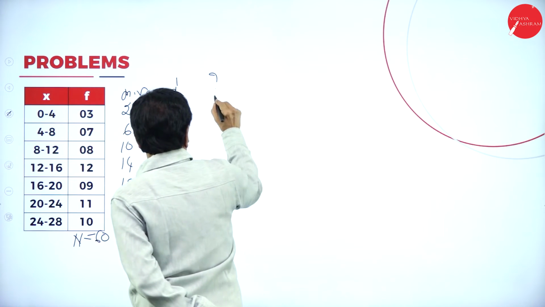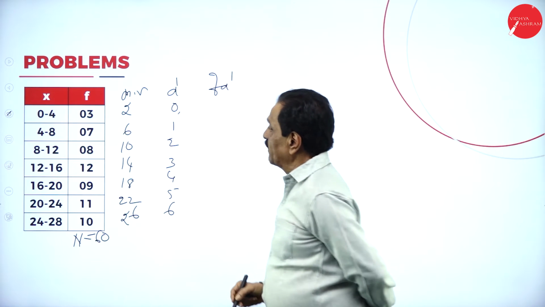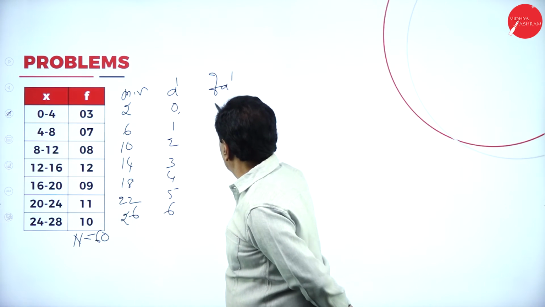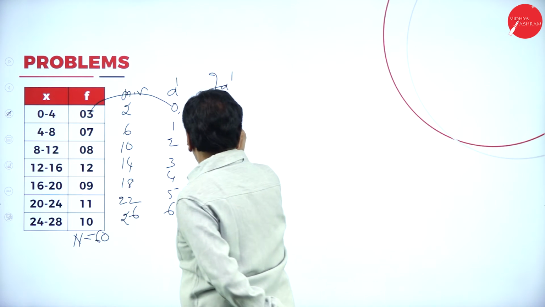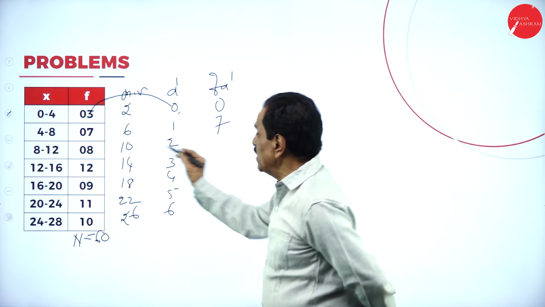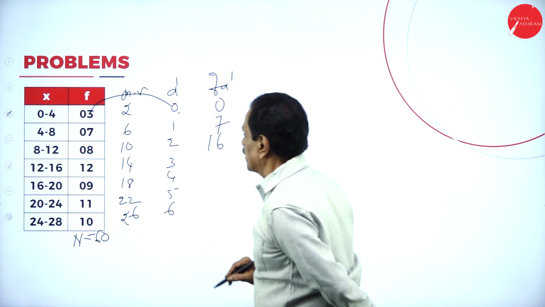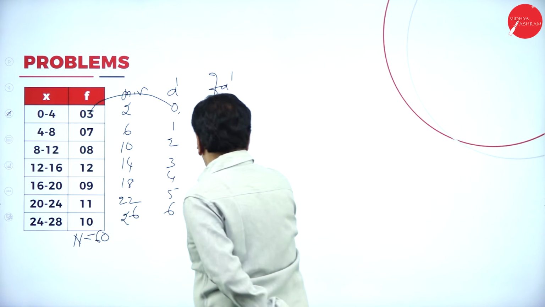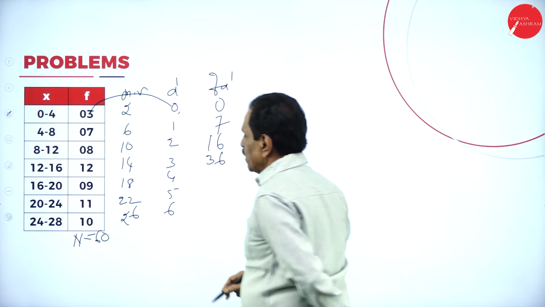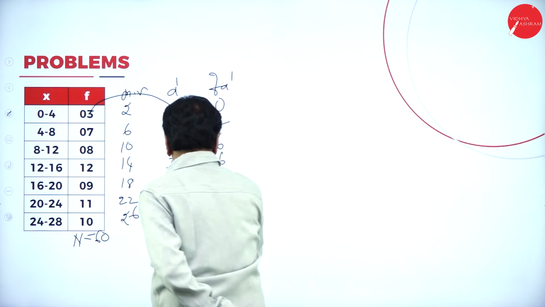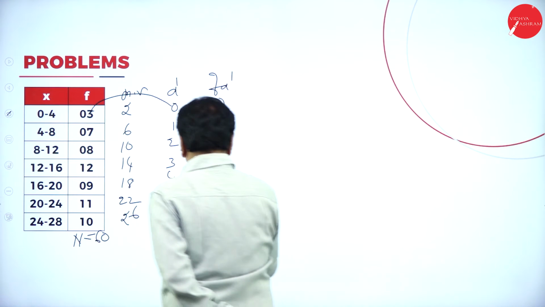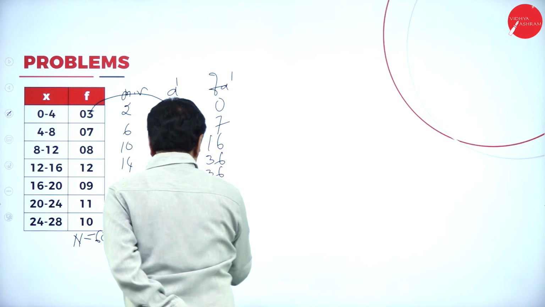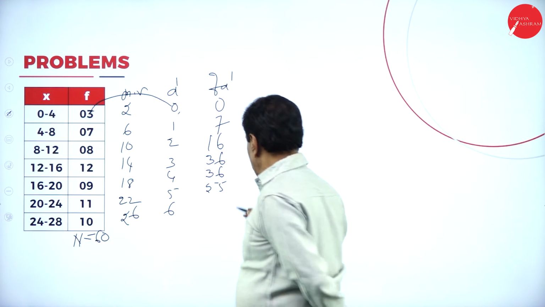What is the next step? Ft dash multiplied by frequency. 3 into 0 is 0. 7 into 1 is 7. 8 into 2 is 16. 12 into 3 is 36. 9 into 4 is 36. 11 into 5 is 55. 10 into 6 is 60.